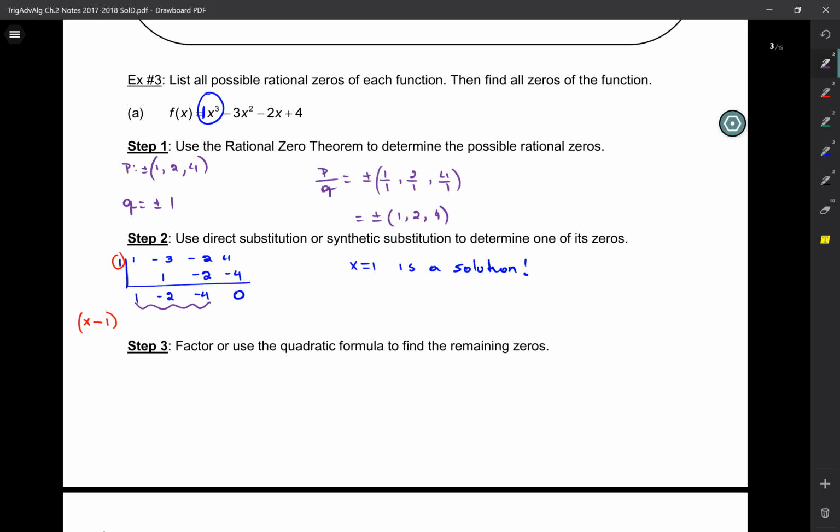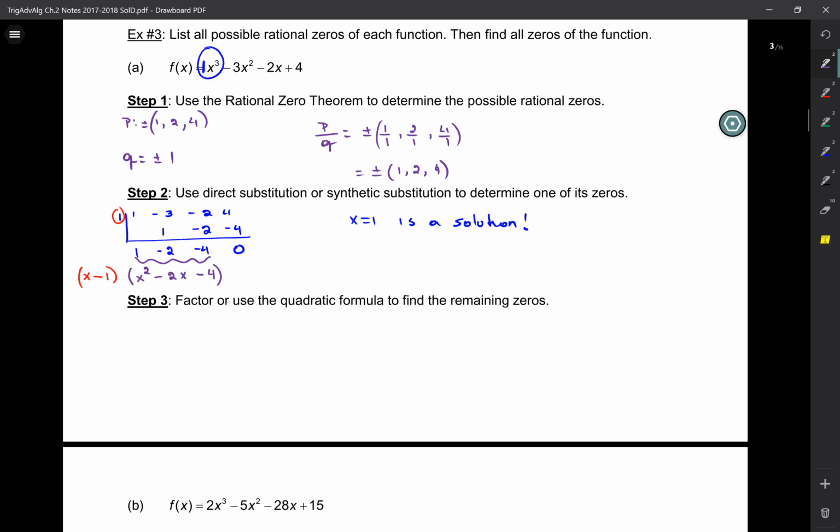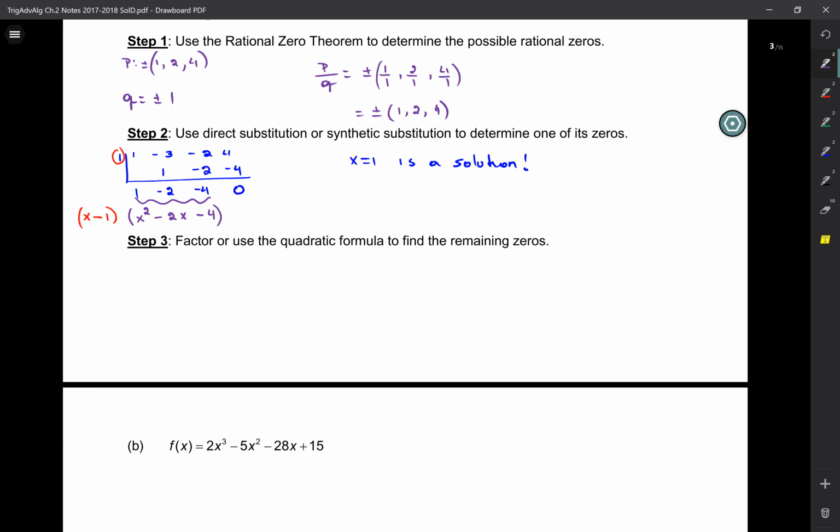So it's going to be 1x squared minus 2x minus 4. This is called the depressed polynomial.